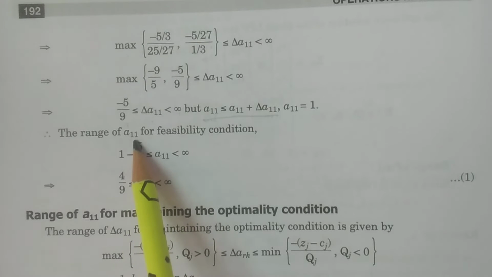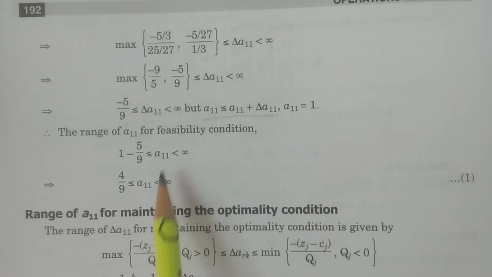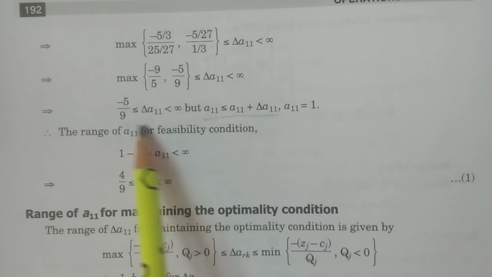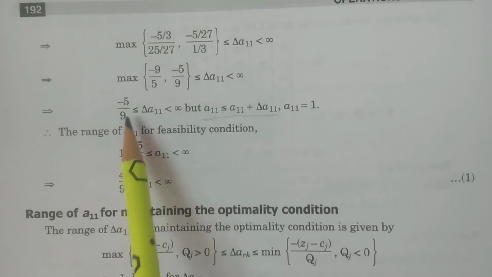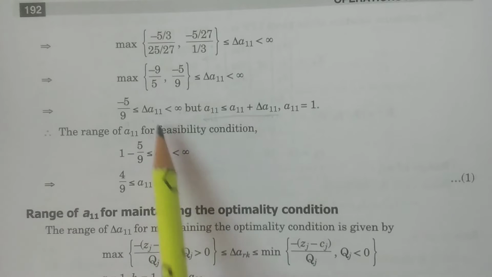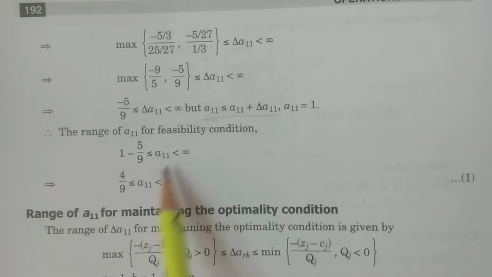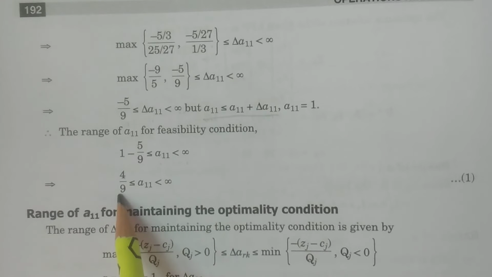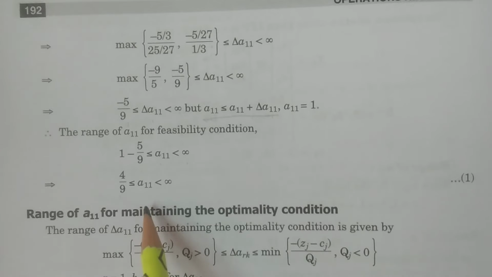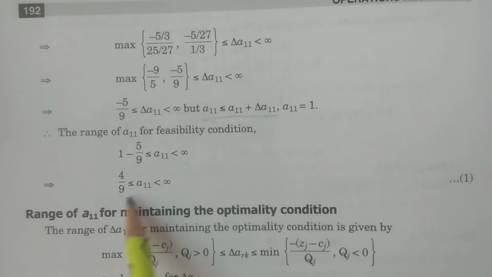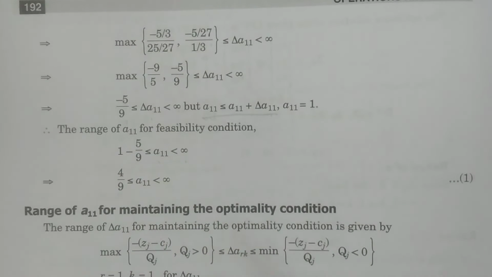You add this 1 to the entire inequality and you get 1 minus 5 by 9 less than or equal to A11 less than infinity. Since it is infinity, we write less than. So 1 minus 5 by 9 is 4 by 9, less than or equal to A11 less than infinity. So the range of A11 for maintaining the feasibility is 4 by 9 to infinity. That is our conclusion.